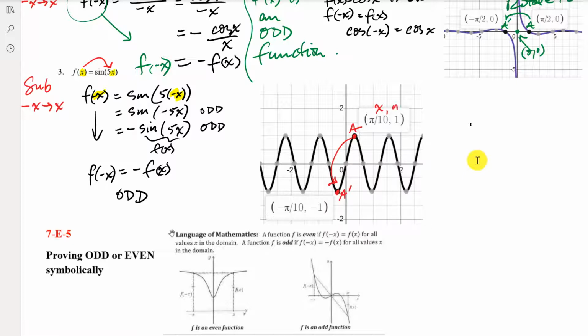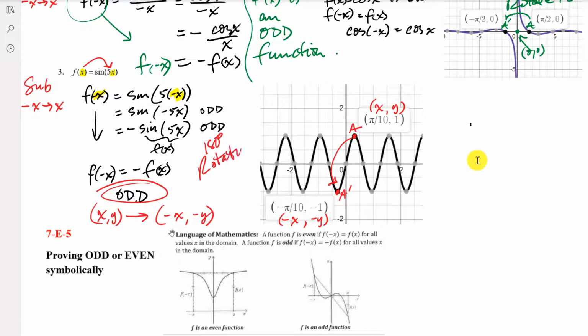So x comma y becomes negative x comma negative y. So whenever a point on the graph gets transformed to the opposite coordinates, that's a definition of odd. This is an odd function because it has rotational symmetry, 180 degrees, about 0, 0, and that point's called the origin right here.